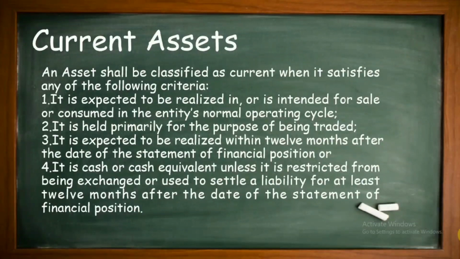So, inaasahan na maisasakatuparan talaga na ma-consume or ma-sell sa loob ng 12 months after the date ng statement of financial position. And number four, it is cash or cash equivalent unless it is restricted from being exchanged or used to settle a liability for at least 12 months after the date of the statement of financial position.